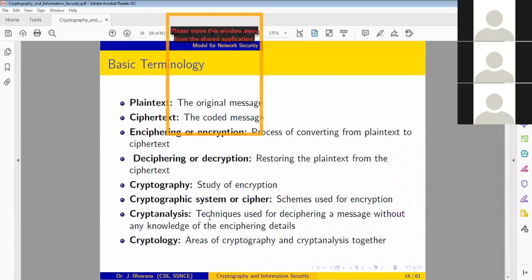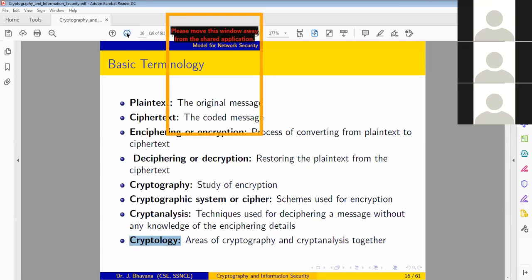Without the knowledge of the key, anyone who tries to tap the communication and break it to get the original text is a cryptanalyst, and the action is cryptanalysis. These are the techniques used for deciphering the message without any knowledge of the enciphering techniques. The study of cryptography and cryptanalysis together is called cryptology, the science of both the constructive part and the destructive part.